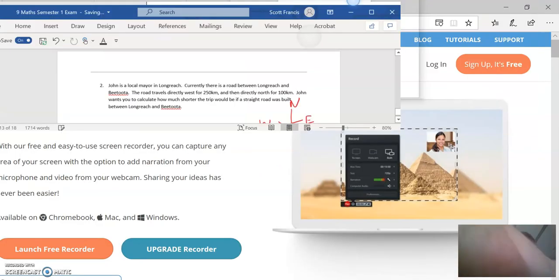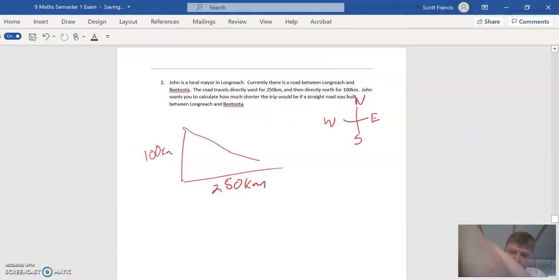Okay, how much would this distance be if there was a straight line built in here? So we can look at this. There's probably a couple of ways we could use. This is certainly a right angle triangle because it's gone from west to north, and we could maybe find out this angle using tan and then use cos to work out what x is.